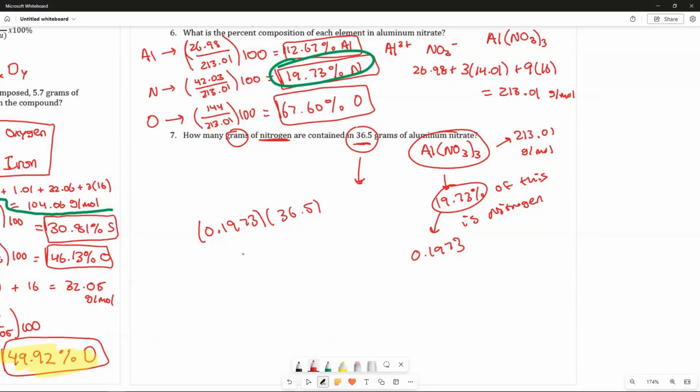If you multiply these numbers together, you're going to get 7.2. That's it. 7.2 grams of nitrogen is going to be your final answer. Out of 36.5 grams, 19.73% of it is 7.2. Therefore, your final answer is 7.2 grams of nitrogen in the 36.5 gram sample. Alright, and that is it.